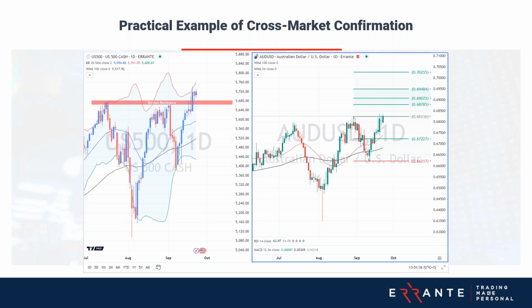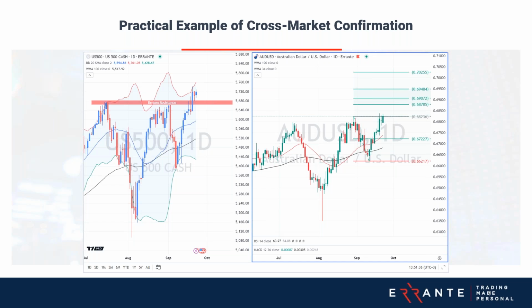Now, if the US 500 index begins to show signs of weakening, such as failing to hold above its broken resistance level or reversing from its current uptrend, this could signal a potential exit point for AUD/USD, as a weakening stock market often corresponds with a drop in risk-sensitive currencies like AUD.